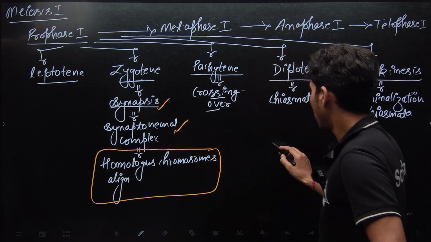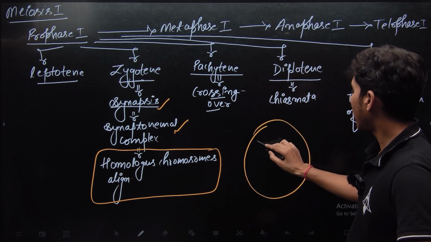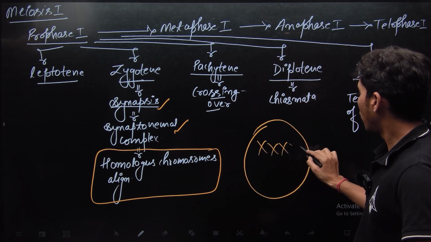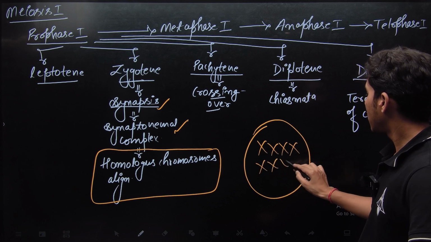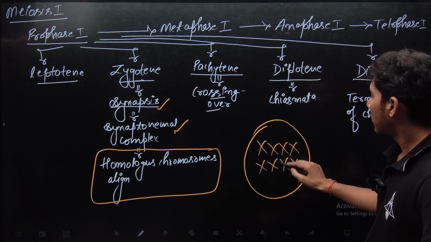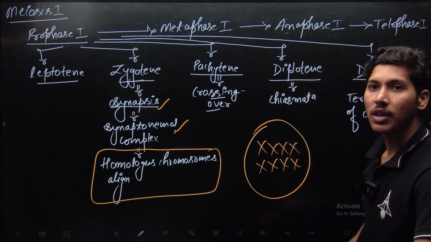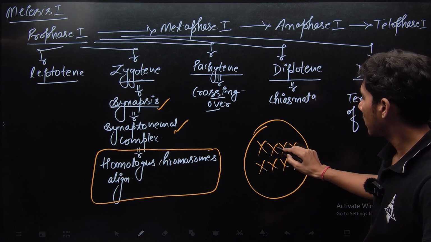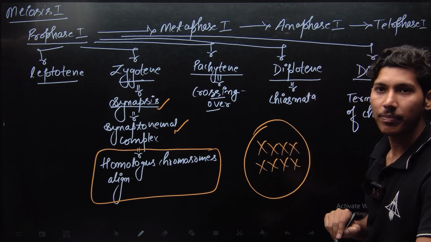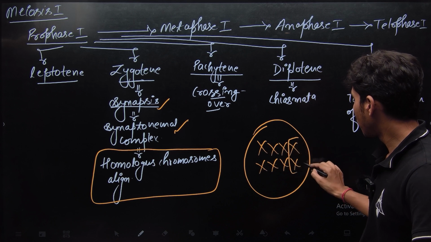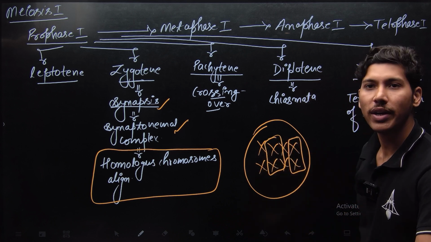Hence these homologous chromosomes start to align near each other, or else we can say that they start to look like this. 1, 2, 3, 4 chromosomes, they start to align just in front of them. Clear? So these are homologous chromosomes. Okay.